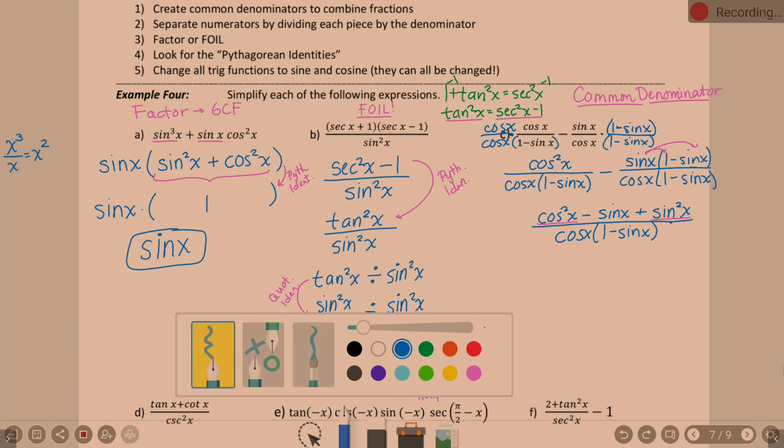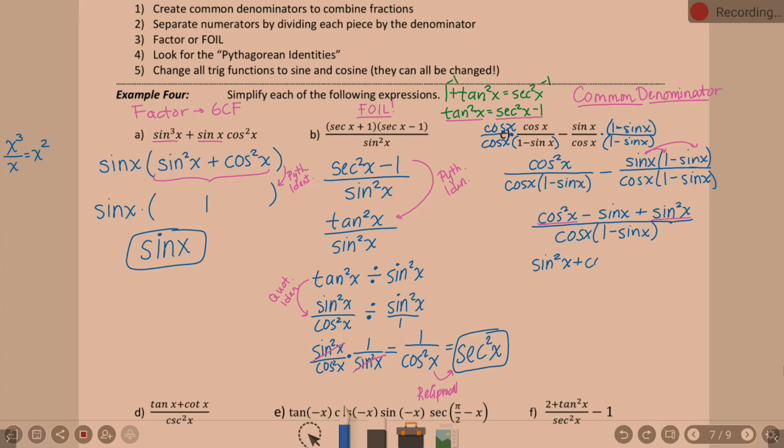So let me rewrite this. I'm just going to move my sine squared x out front. So it's sine squared x plus cosine squared x, still minus sine x, over cosine x times 1 minus sine x.